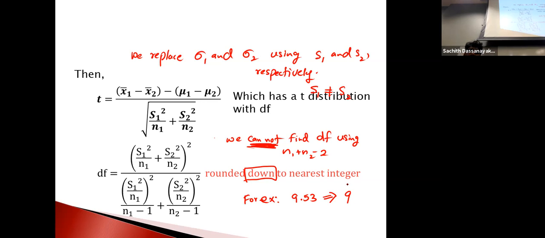Why are we rounding down? Because our goal is to find the degrees of freedom, not the sample size. It's not about samples, it's about degrees of freedom. That's why we round down to the nearest integer.